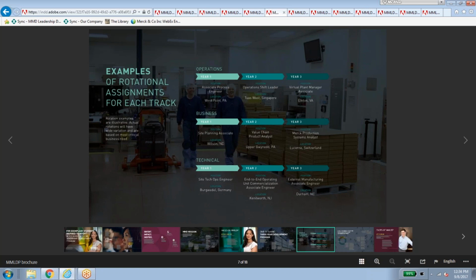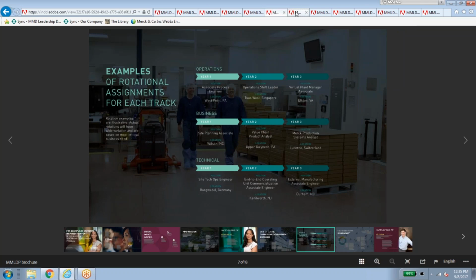They handpick the assignments that will be leveraged for program members every year. The reason they pick the assignments is because they have the greatest visibility to what the most critical business needs are in that specific year at the company. We always want to ensure that program members are working on the most critical business needs, not only in service of the company, but also to ensure that the program member gets the best experience and the best leadership experience possible.